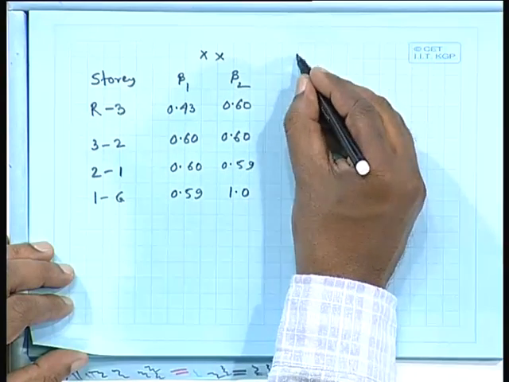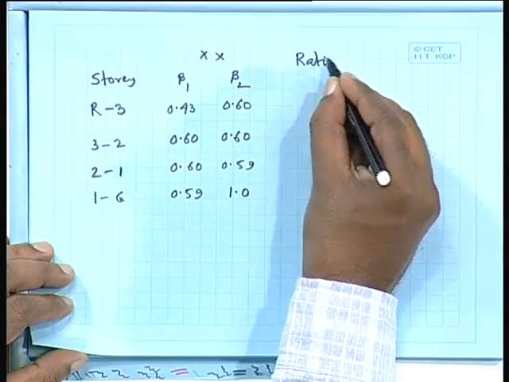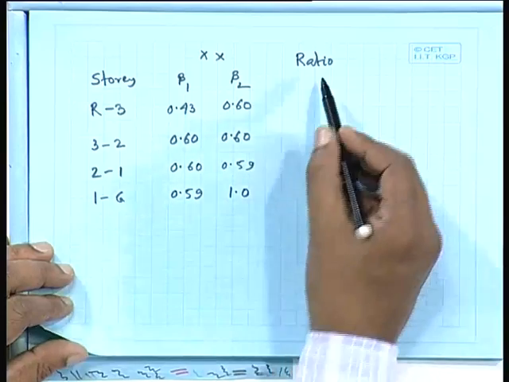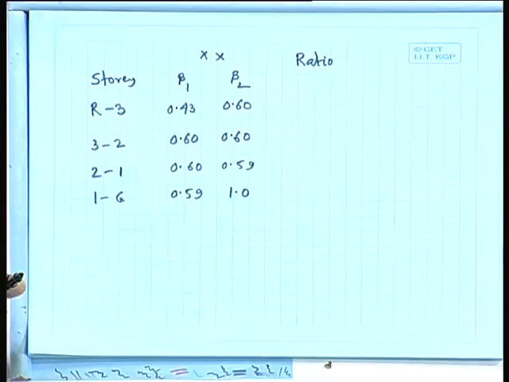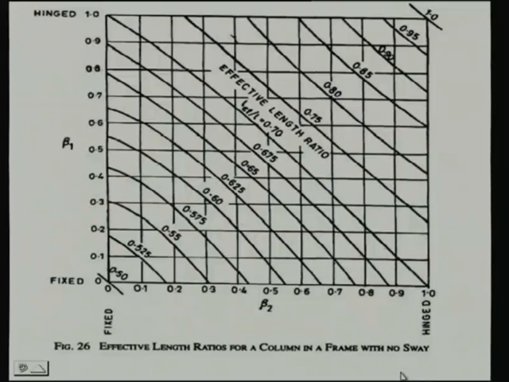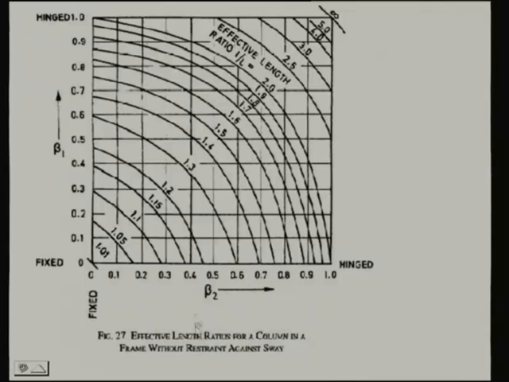So, what about the ratio then? We have to find out that factor, the ratio, from where we shall get it. We have two cases. One is no sway, and here this is the case of no sway. I think I can show you at least the next one. We have another one, figure 27, which is without resistance against sway, that means we are having sway.